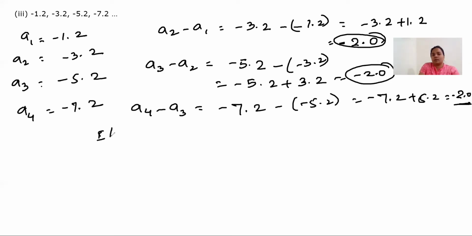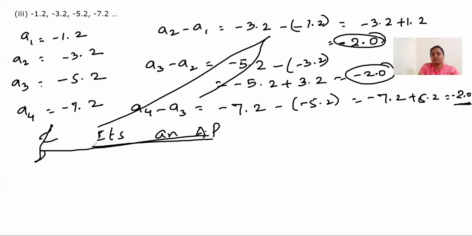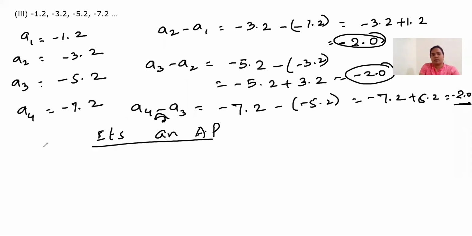So it's an AP and D is equal to minus 2.0. Minus 2.0 is nothing, only same as minus 2. So if there is a 0 only after the decimal, we can remove the 0. So D is minus 2.